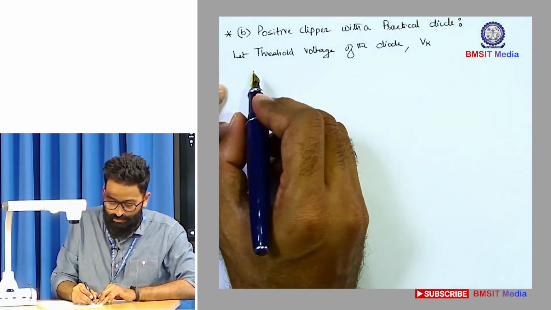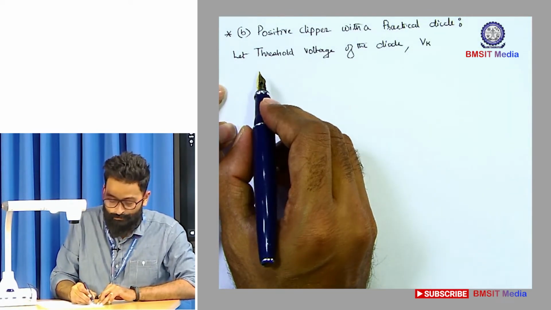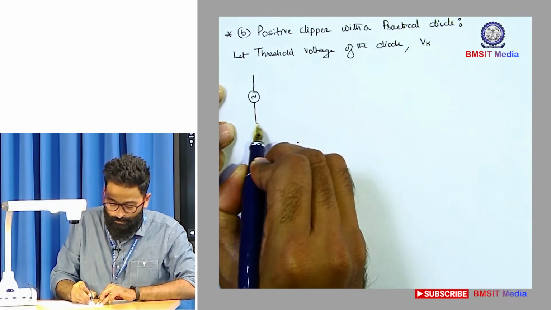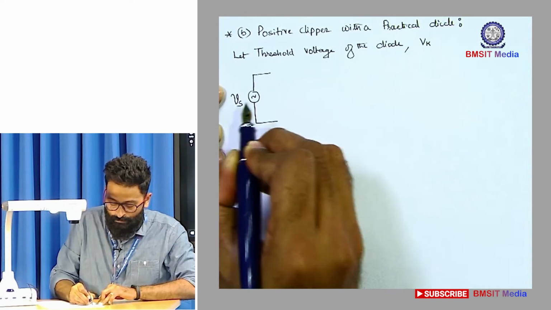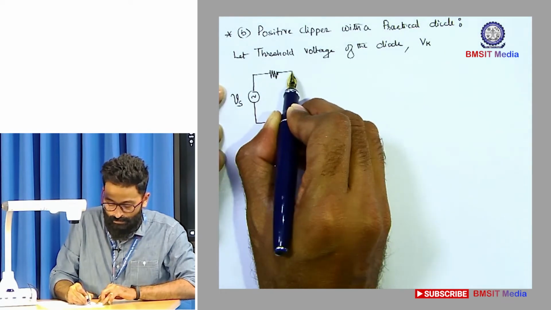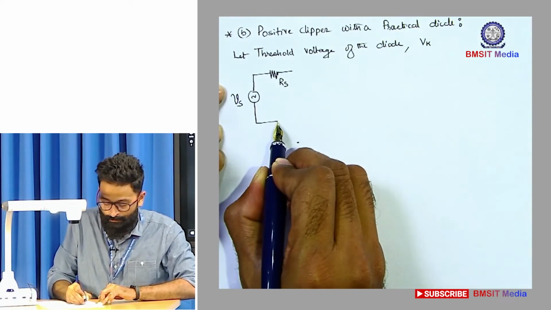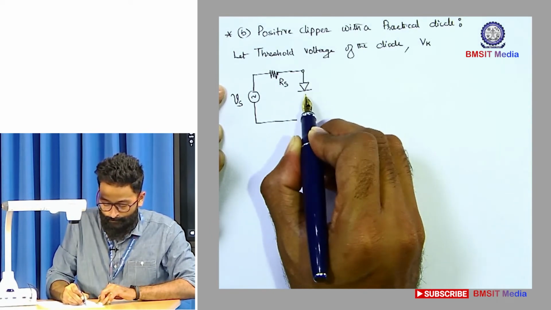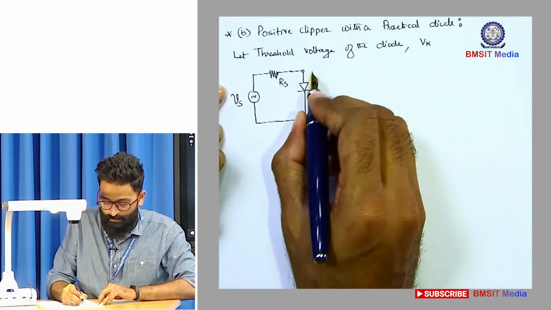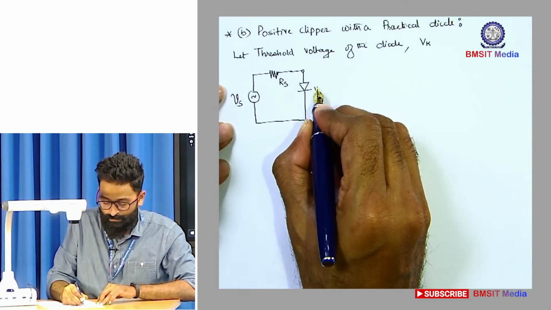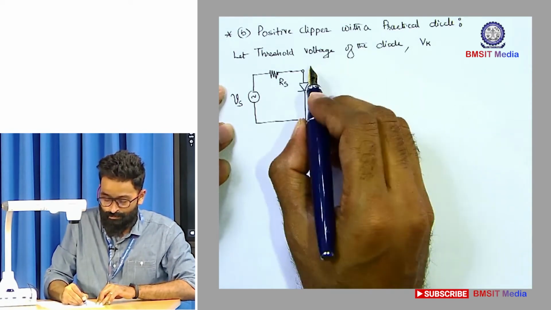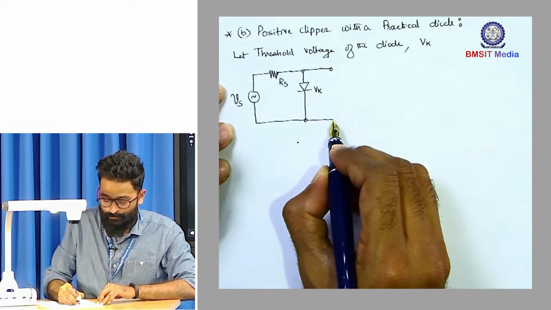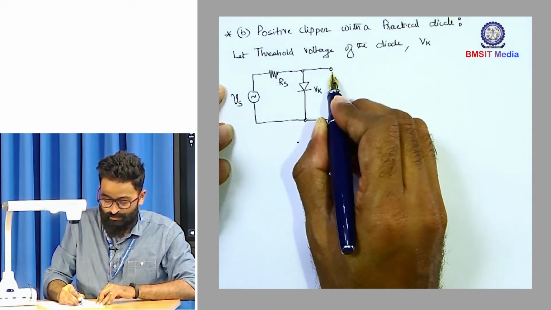Okay, and then let us redraw the circuit. Source voltage, current limiting resistor Rs, the practical diode with some threshold voltage or barrier potential, and this is where you measure the output.